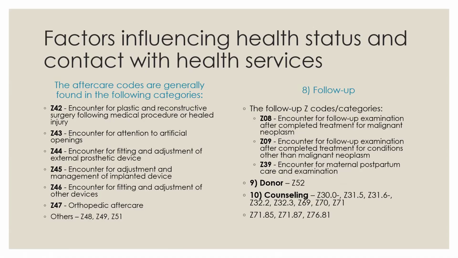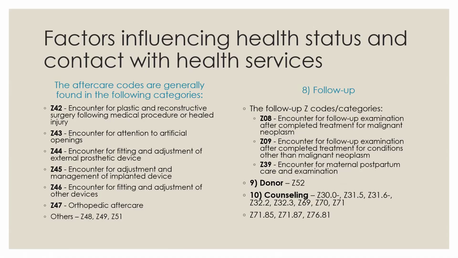Z71.87, for encounter for pediatric to adult transition counseling, should be assigned when pediatric to adult transition counseling is the sole reason for the encounter, or when the counseling is provided in addition to other services such as treatment of a chronic condition.